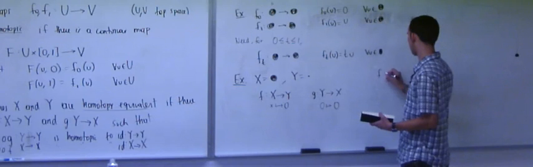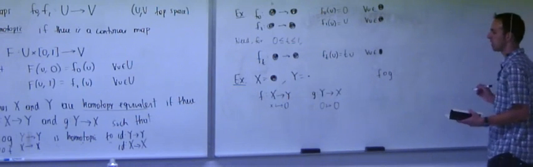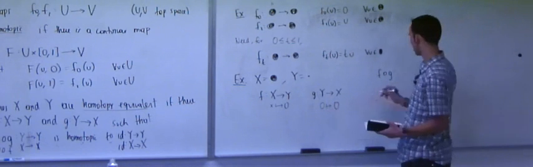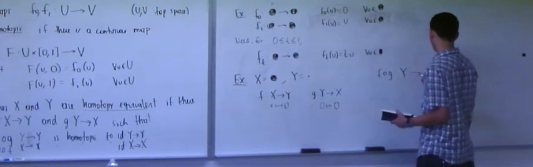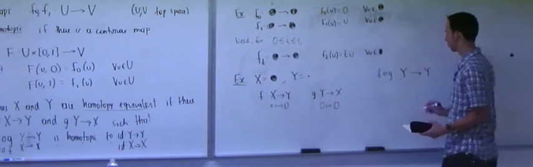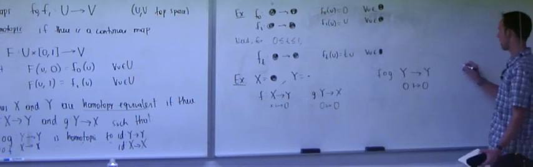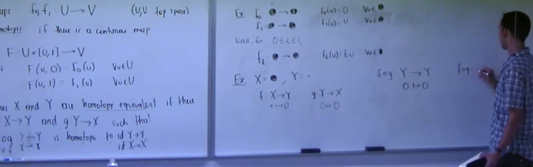I need to check what happens if I take f composed with g. So g takes, so this goes from y to y, right? So it takes 0 to 0 to 0. So f composed g is actually the identity in y.